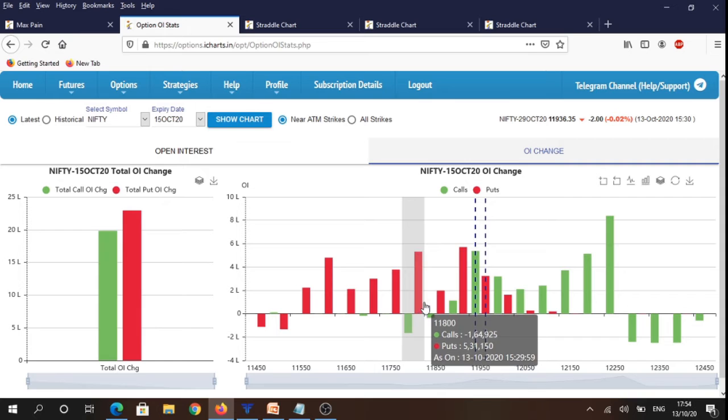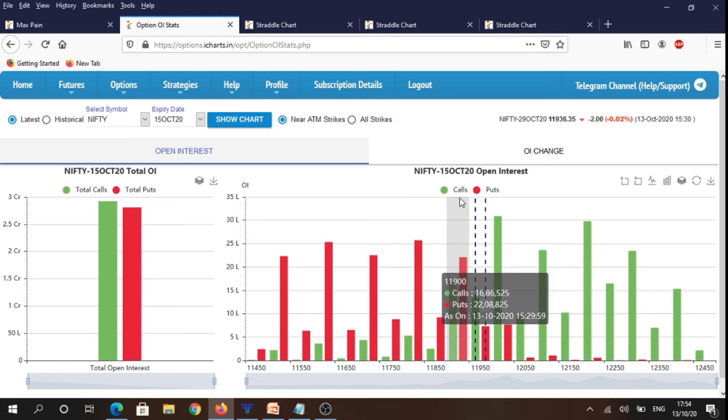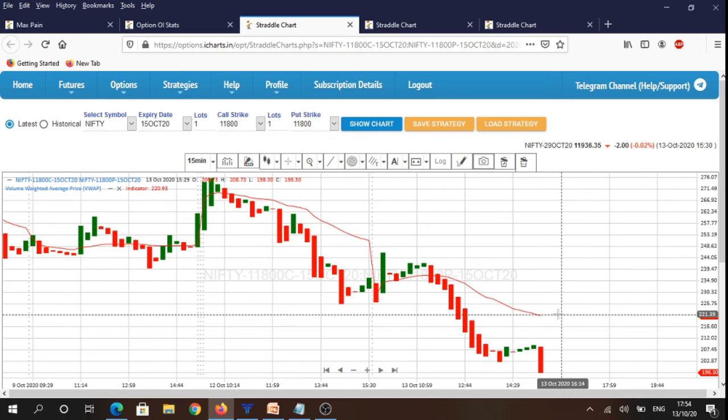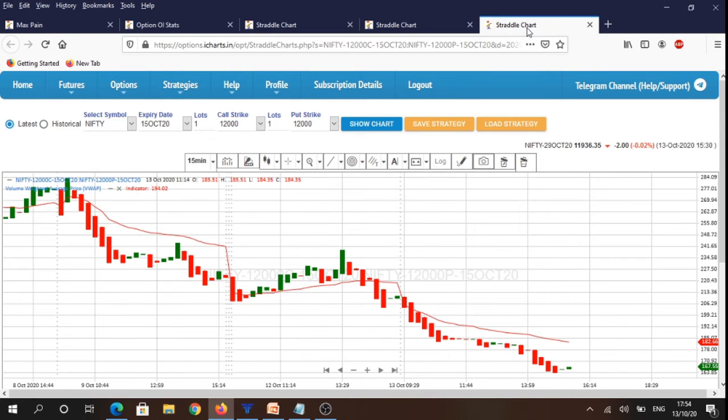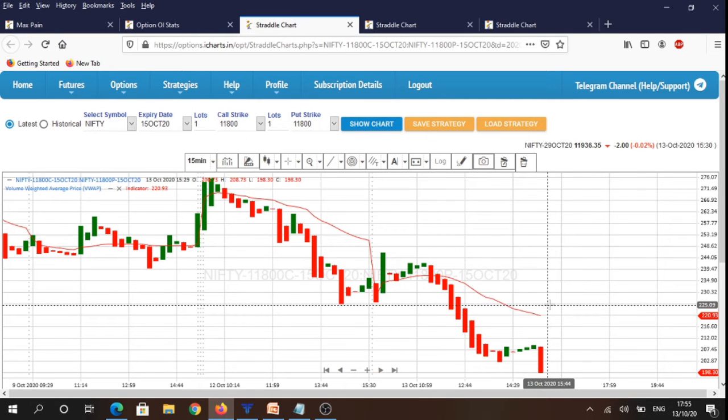For the near term, as we discussed earlier, the market is broadly in a range of 12,000 to 11,800 levels. And if we see straddle charts today, what you will observe is that the 11,800, 11,900 and 12,000 straddle strikes all traded below their previous day lows and trended down.